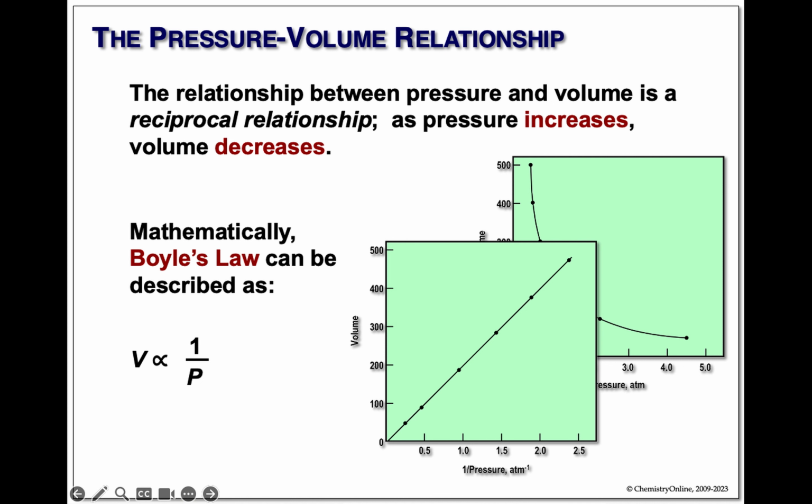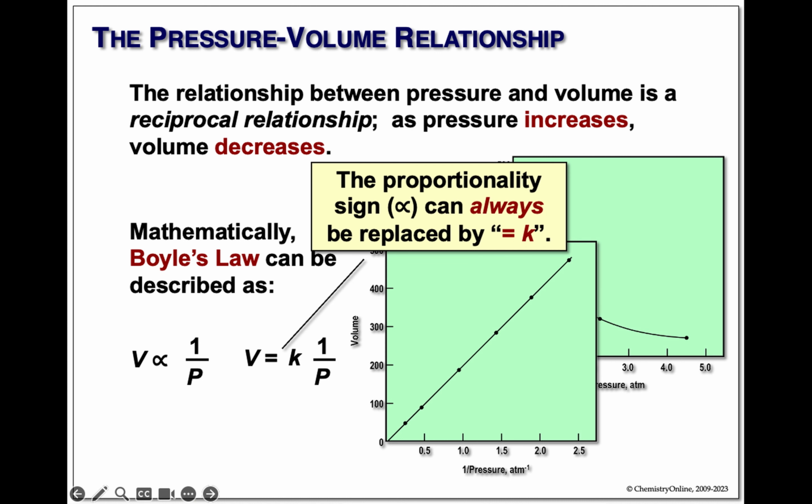Whenever you have a proportionality sign like this, mathematically, you can replace that little alpha-like symbol with an equal sign and a constant. Volume is equal to some constant times 1 over P. Proportionality can always be replaced by equal K. K is actually the slope of this line.